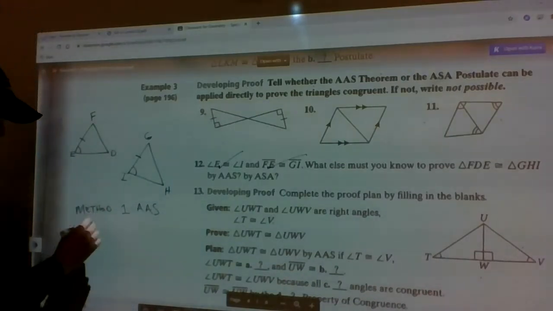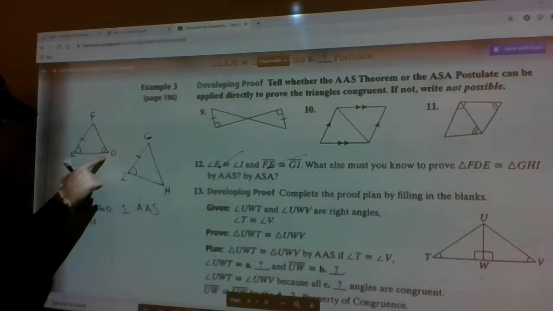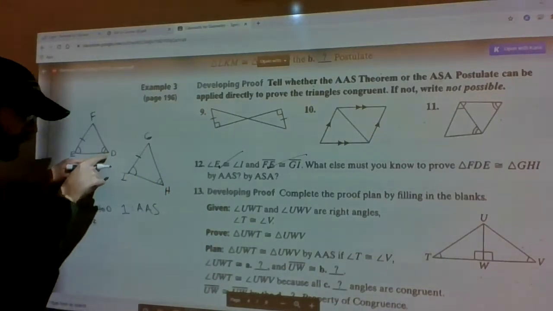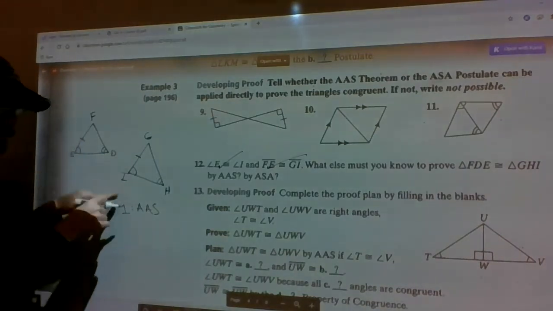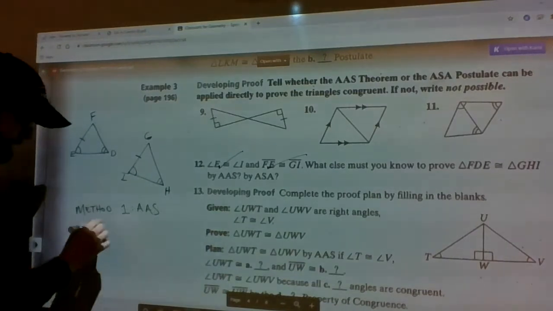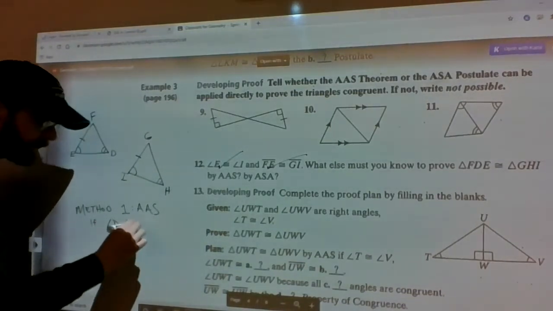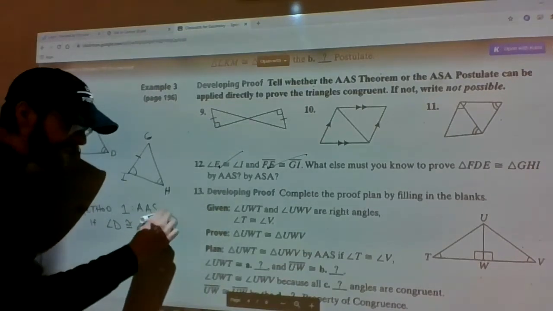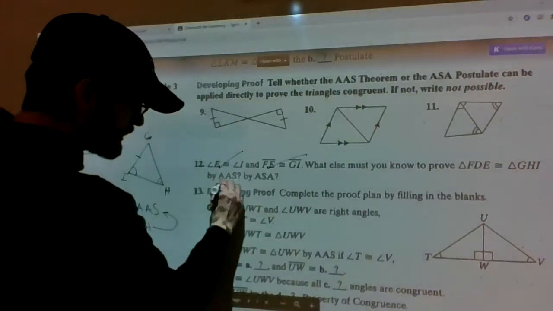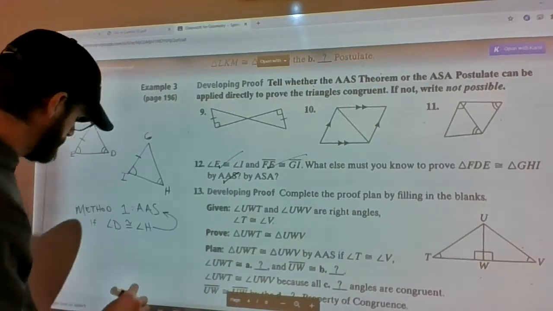Well, if angle D is congruent to angle H, then you would have angle, angle, side congruent with angle, angle, side. So if angle D is proven congruent to angle H, then AAS proves the two are congruent. So then we checked that question off the list. We've answered that part of number 12.